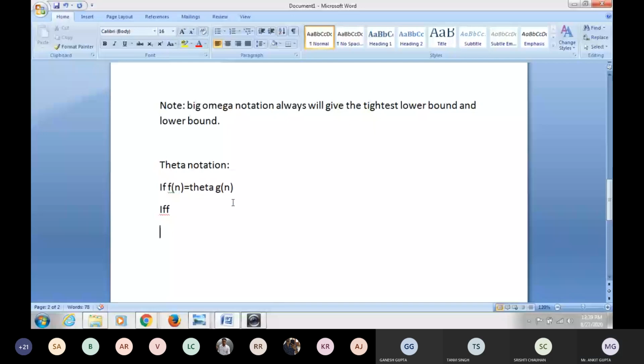So first it will satisfy f of n less than c into g of n.